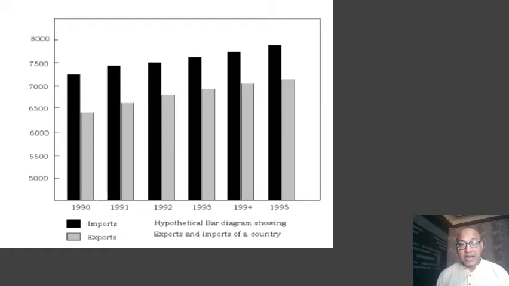A paired bar diagram consists of several pairs of horizontal bars. In this figure, we can see a paired diagram.